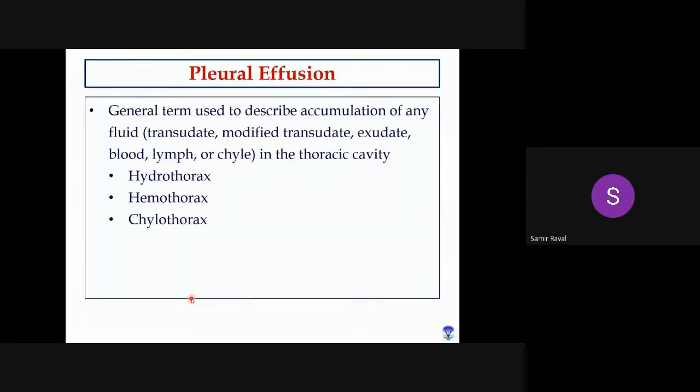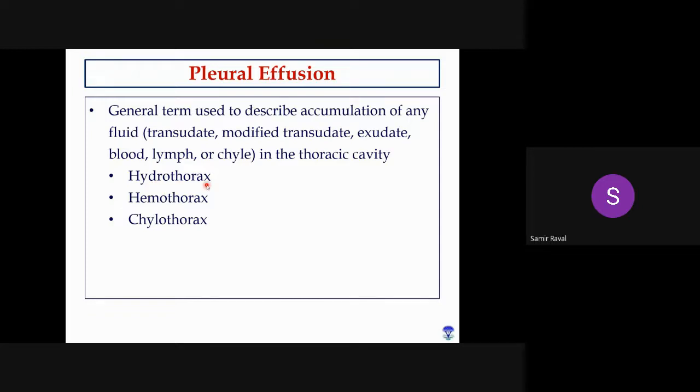Then pleural effusions. Effusion means whenever there is an accumulation of some substance in cavities, right? In that case, we will use the word effusion. Okay. So here pleural effusion means the pleura or thoracic cavity is showing some accumulation, right? So depending upon the accumulation, you can use the word. Okay. So here you can see the words are hydrothorax, right? Hydro means water, thorax means thoracic cavity.